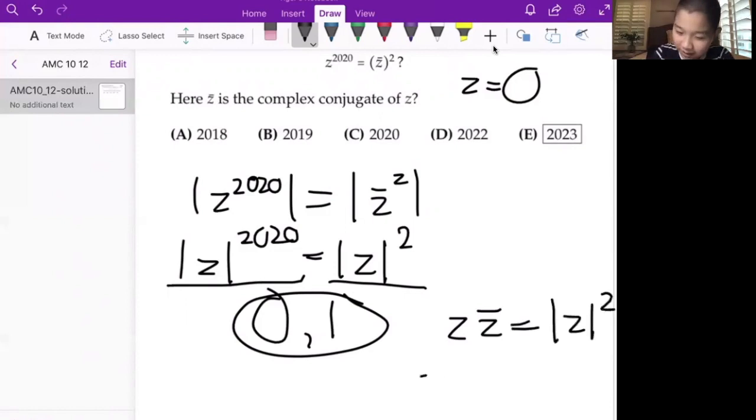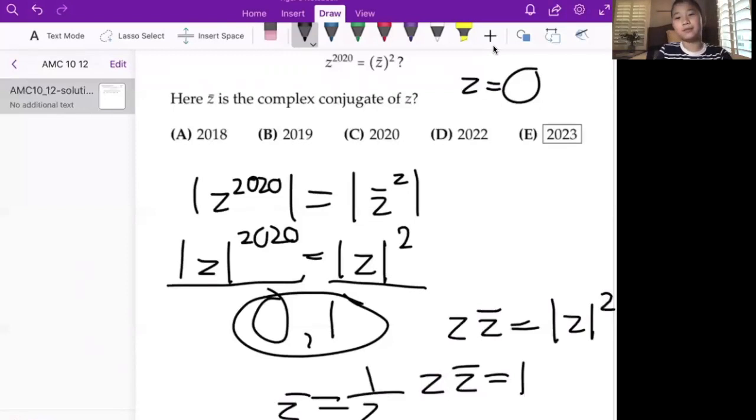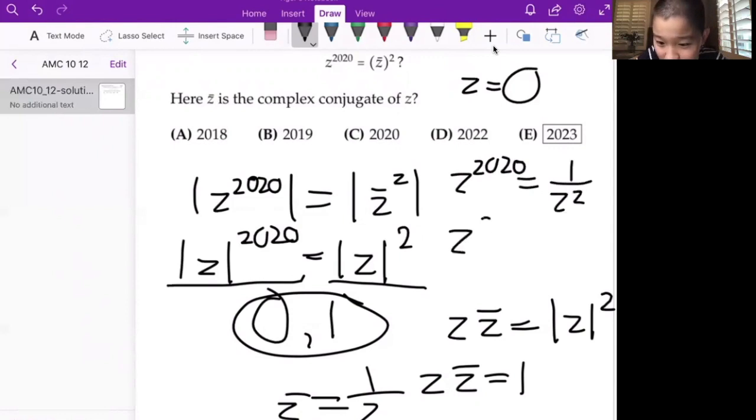So in this case, z times z conjugate equals 1, so z conjugate equals 1 over z. So we can simplify this equation to z^2020 equals 1 over z squared, or in other words, z^2022 equals 1.